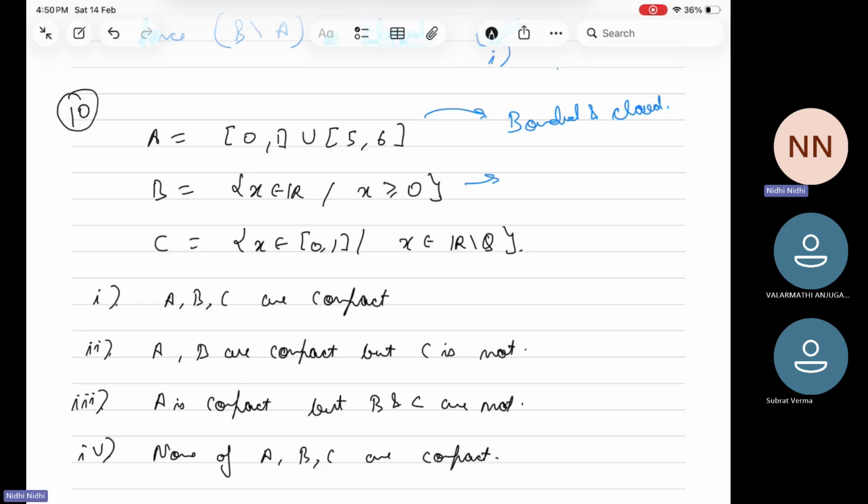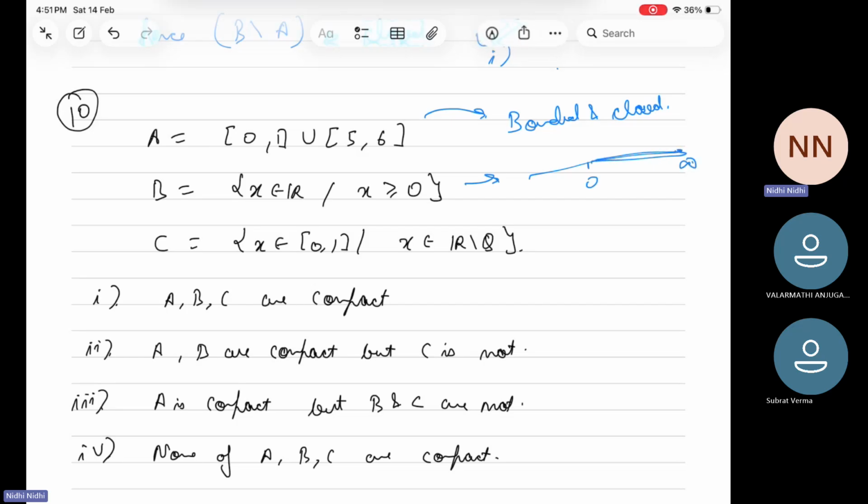And what about set B? Will it be bounded? So basically, this is the set of all points from 0 to infinity, right? All x greater than or equal to 0.